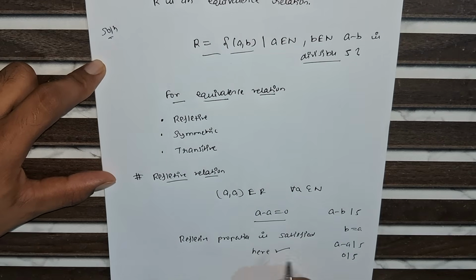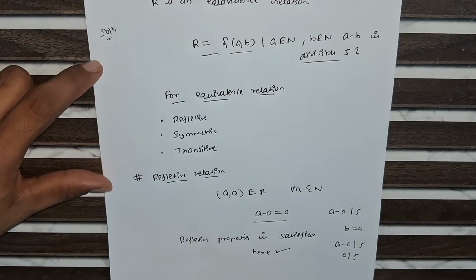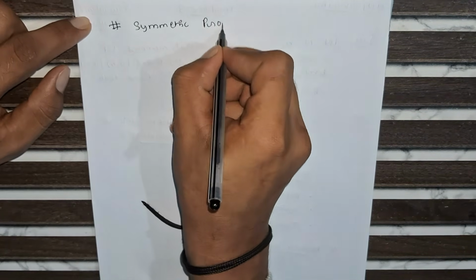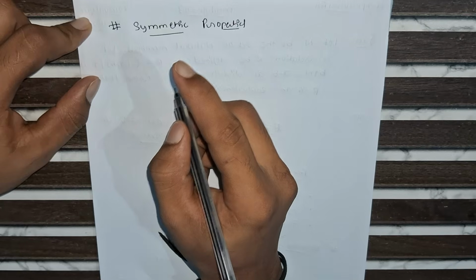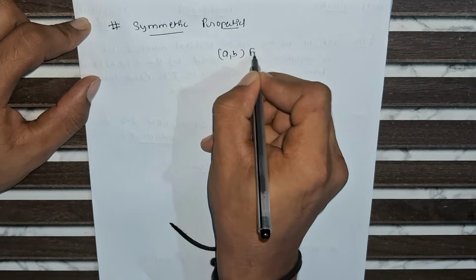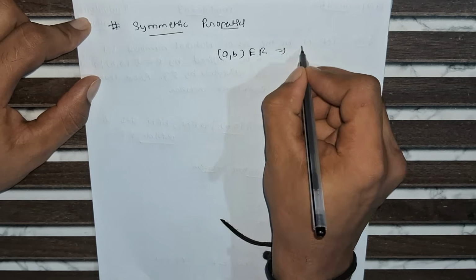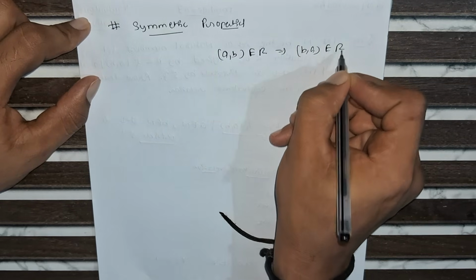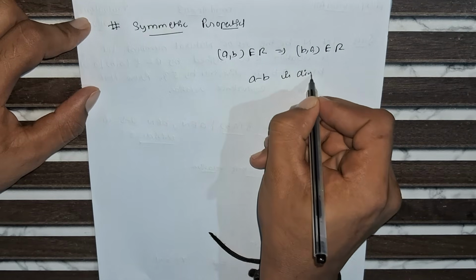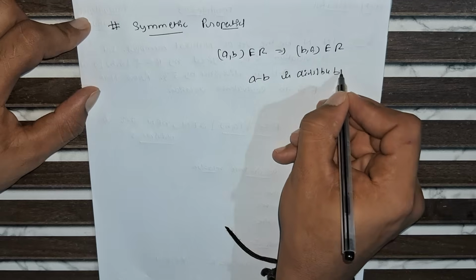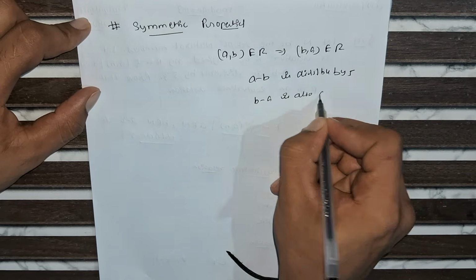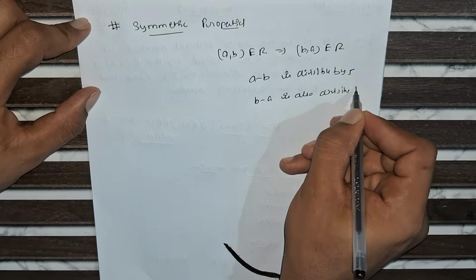Now move to our second property, which is symmetric. A relation is called symmetric if (a, b) belongs to R and (b, a) also belongs to R. It means if a minus b is divisible by 5, then b minus a is also divisible by 5.